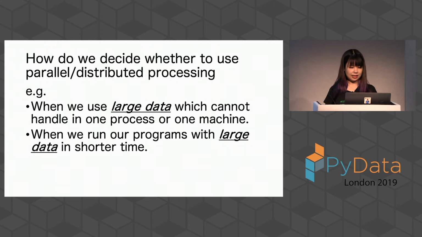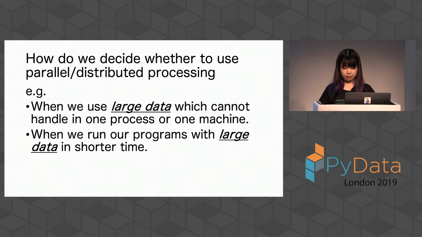The first question: how do we decide whether to use parallel or distributed processing? The answer is mainly two. One is when we use large data which we cannot handle in one process or one machine.